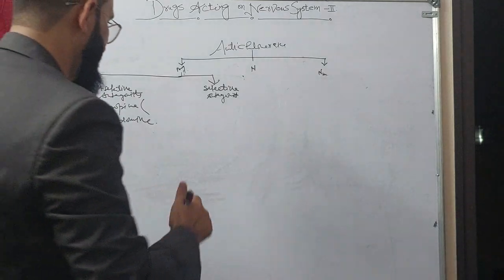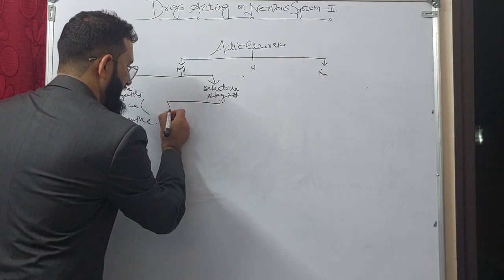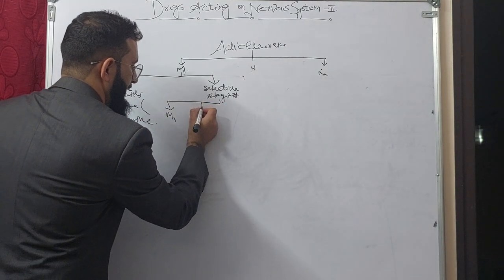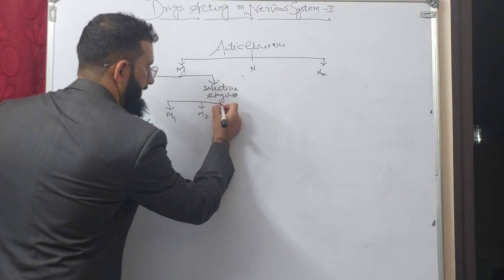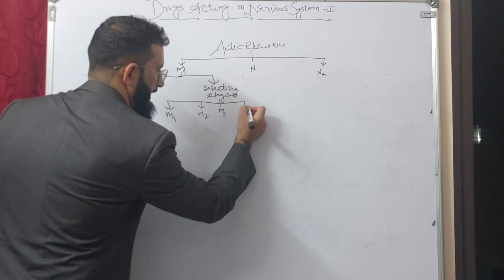Now the selective ones. Selective is further subdivided as M1, M2, M3, M4, M5.